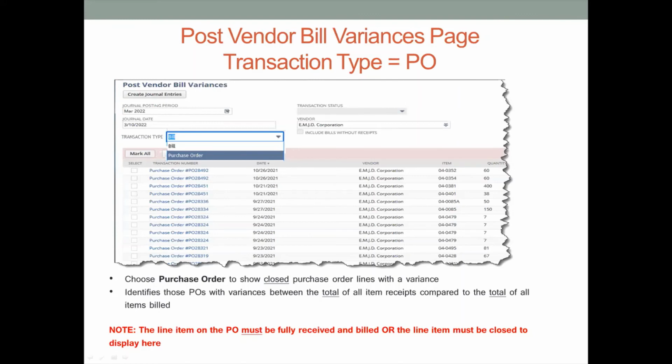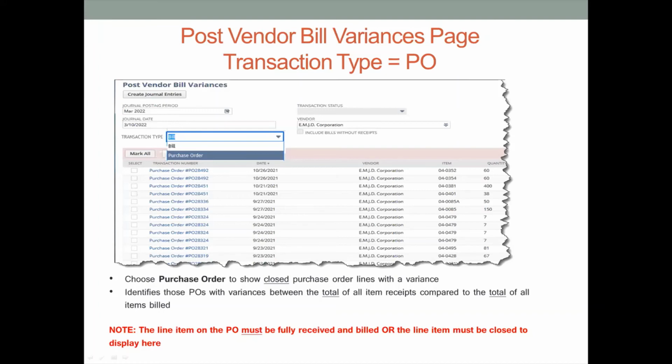So if you get a partial shipment and a partial bill, and then more partial shipment and a partial bill, it won't show up here until that line item has been completed or you've closed it. It also compares the sum quantity to the PO quantity for that line item. If there are items that still show as not received or billed, it will not even show up on this page because the line item is not considered complete and it hasn't been closed.